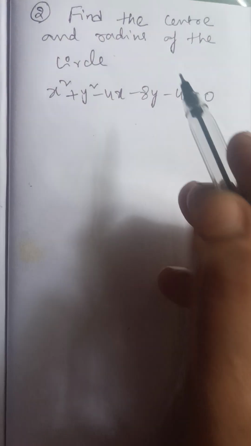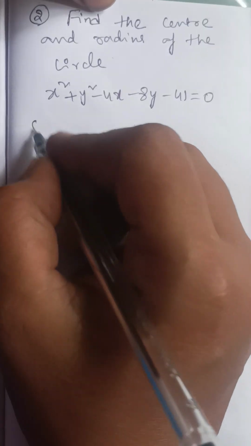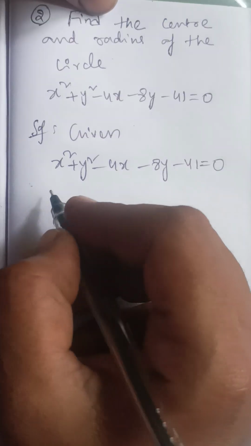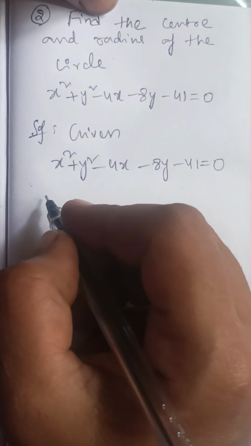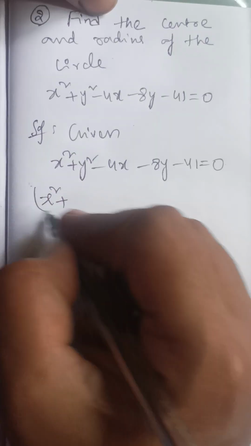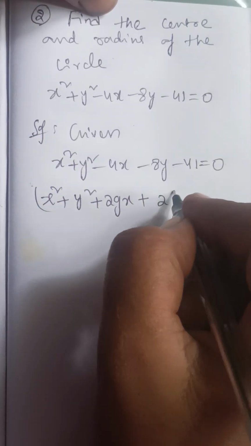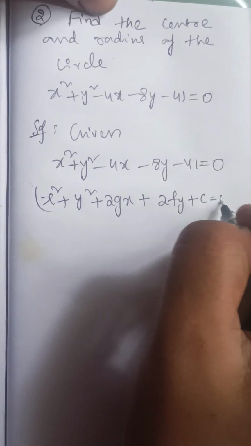Okay, the second question is find the center and radius of the circle. The given equation of circle is x square plus y square minus 4x minus 8y minus 41 equal to 0. Compare this equation with the general equation of circle x square plus y square plus 2gx plus 2fy plus c equal to 0.